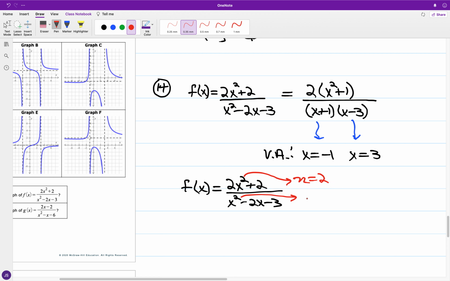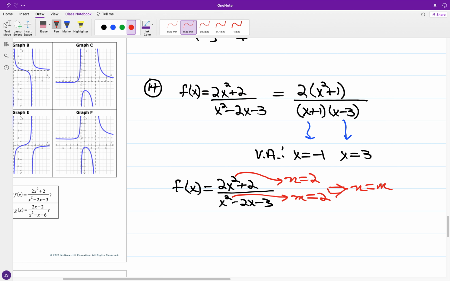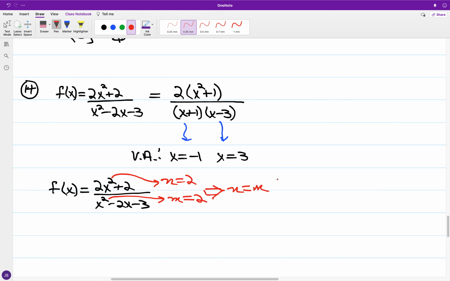And for what we have in the denominator, we'll have m is equal to 2. Now we have that n is equal to m. And so we now have still another horizontal asymptote, but it is going to be non-negligible.